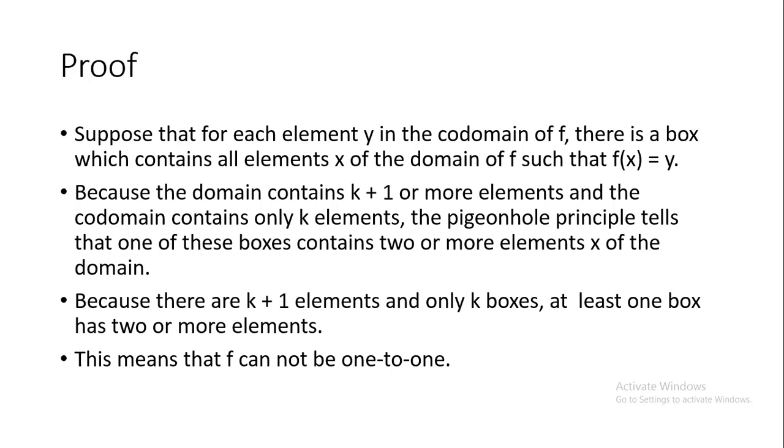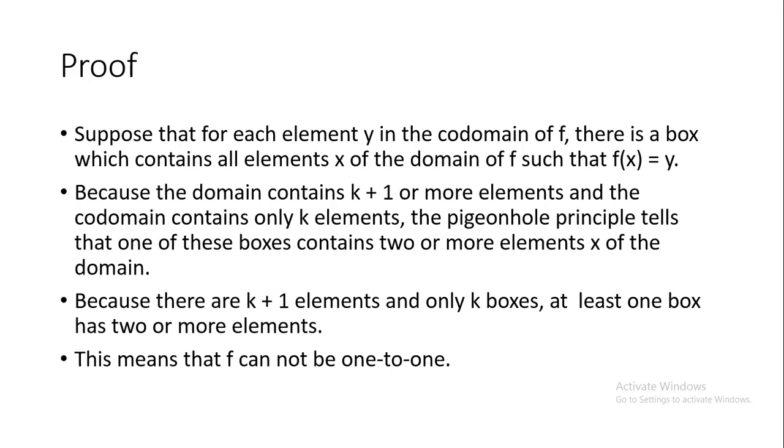To solve this problem we have used the pigeonhole principle, and that principle says that one of these boxes contains two or more elements x of the domain. Because our domain has k plus 1 elements and the codomain has only k boxes, at least one box has two or more elements.